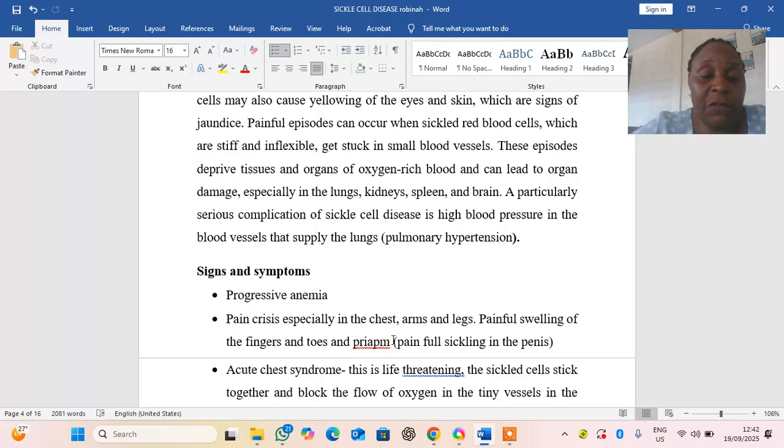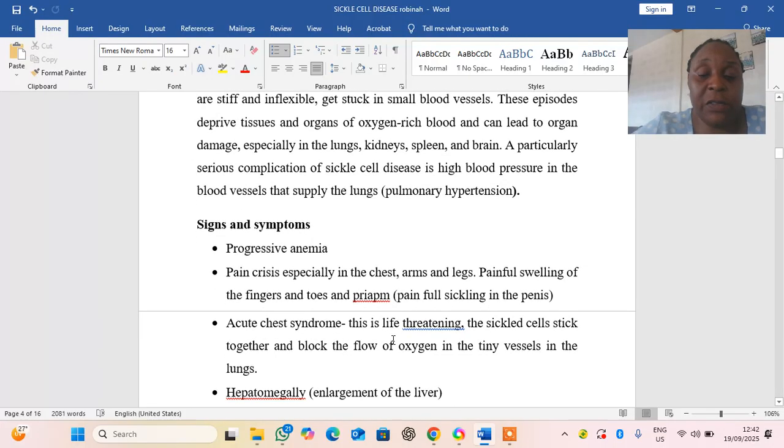Then we also have acute chest syndrome, which is very life-threatening. The sickle cells stick together and they block the flow of oxygen in the tiny vessels in the lungs. So this person will present with a very painful chest, which is a life-threatening condition in sickle cells.